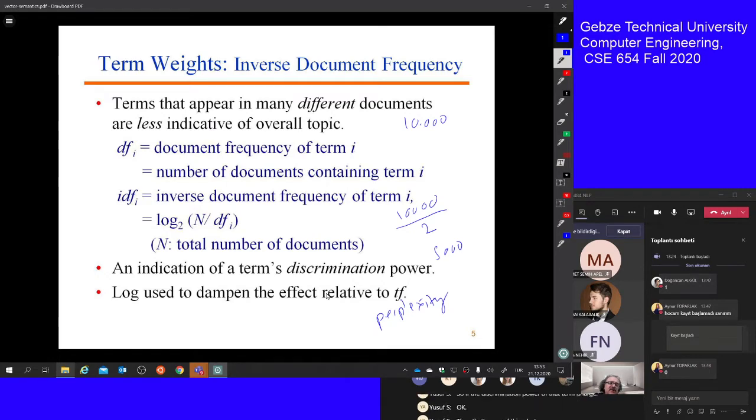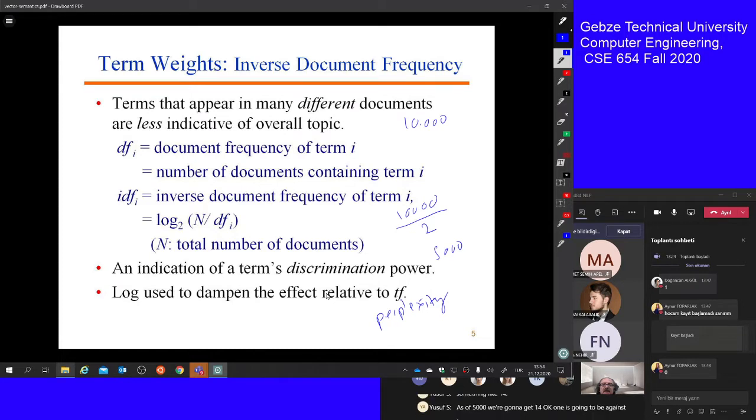But we don't like such large numbers, so we take the logarithm of it. If you take the logarithm of 5,000, it's going to be smaller, of course. Two to the power, it is like 10, 12, 14, maybe something like 14. Instead of 5,000, we are going to use 14. And 1 is going to be again small.